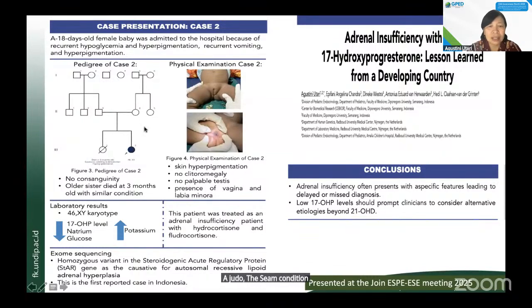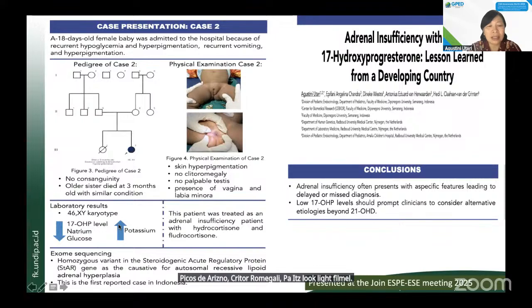We checked the genitalia, and it looked like female, with no clitoromegaly and no palpable testicle. And it's not the usual feature of CAH, like 21-hydroxylase deficiency, because there is no clitoromegaly, but it looks female.